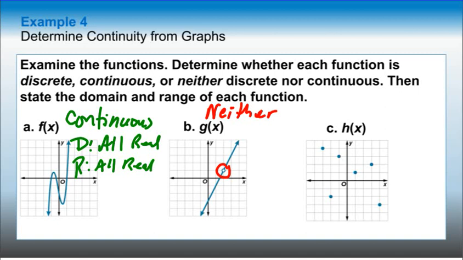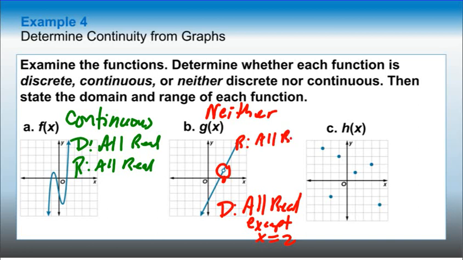To identify the domain and range for this one, the domain is all real except x equaling 2, because if x equals 2, it hits that hole in the line. The range would be all real except, if I go straight across on the y-axis, y equaling 1. Y cannot equal 1 for that one.